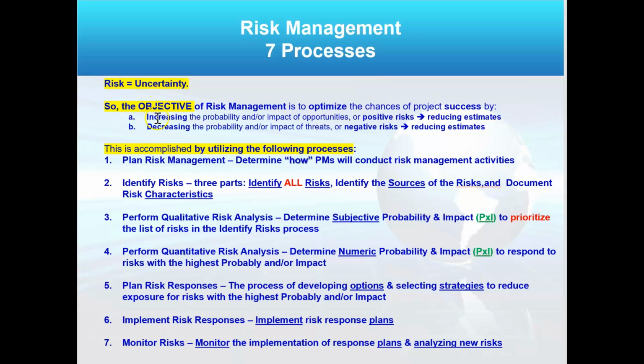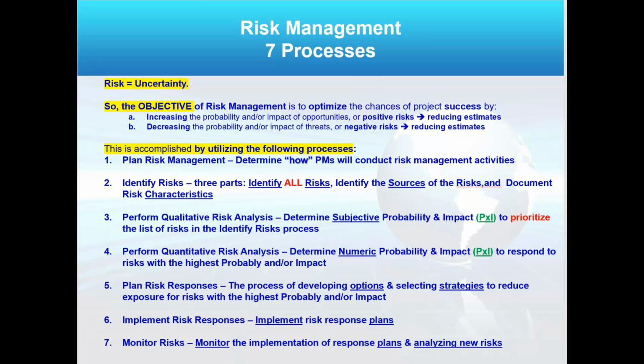But the objective is to figure out if there are positive risks that we can, like reducing our estimates in cost or schedule, or finding the negative risks and decreasing them, also reducing estimates, right? So a risk can be positive or negative, right? It can be a threat, which is negative, or an opportunity, which is positive. And we want to maximize the opportunities, minimize the risks, okay?